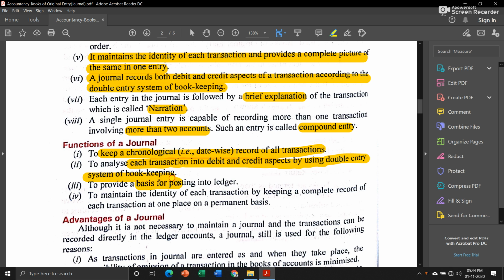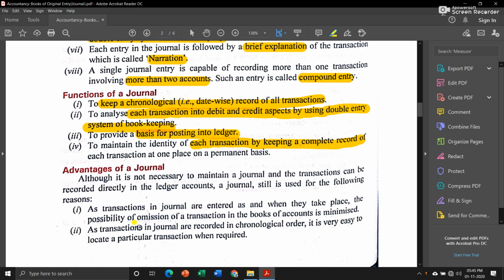To provide a basis for posting into the ledger, means preparing the ledger from the journal is very easy, that is why it is sometimes known as providing the basis for the ledger. Then to maintain the identity of each transaction by keeping a complete record of each transaction at one place on a permanent basis, means each and every transaction is recorded and a complete record is kept in the journal.